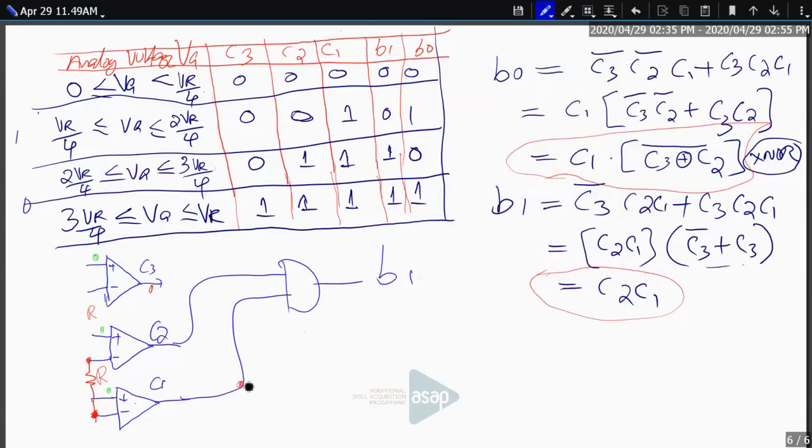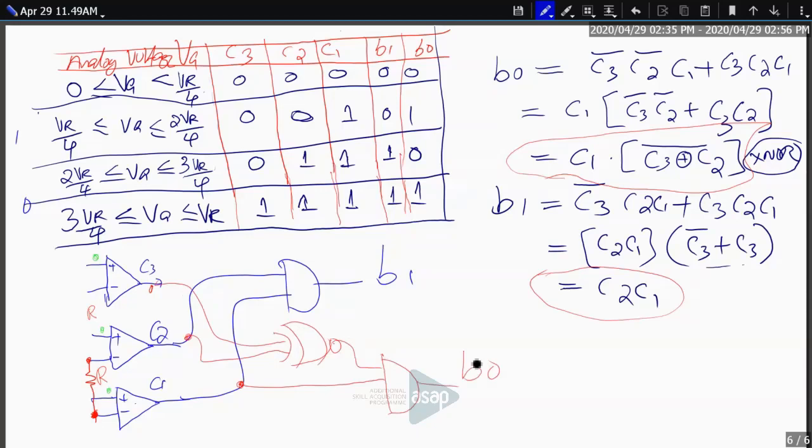Therefore, we can naturally draw the encoder system like this. From the comparator side, the C3, C2, C1 outputs are available to us, so that could be encoded. That is our requirement.